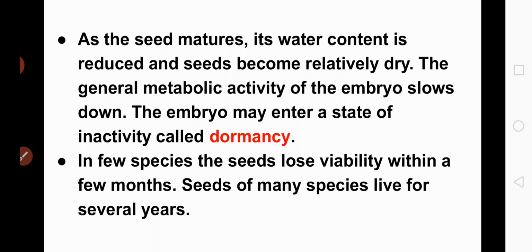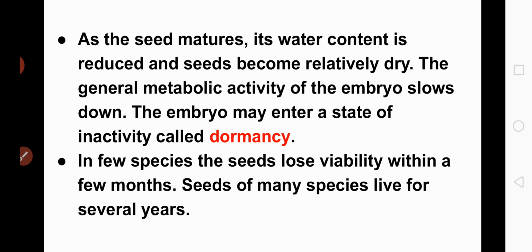In a few species, the seeds lose viability within a few months, whereas seeds of many species live for several years. What do you mean by viability? Seed viability is the ability of the embryo to germinate.